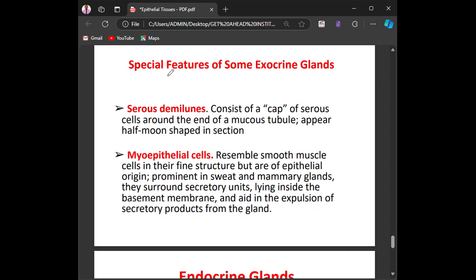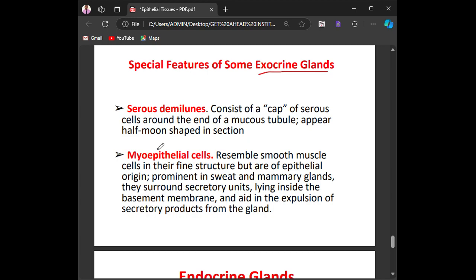These are some of the special features of some exocrine glands, of which I already talked about the demilunes. The semilune basically consists of a cup of serous cells around the end of a mucus tubule, where they appear half-moon shaped in section. Then we also have myoepithelial cells.